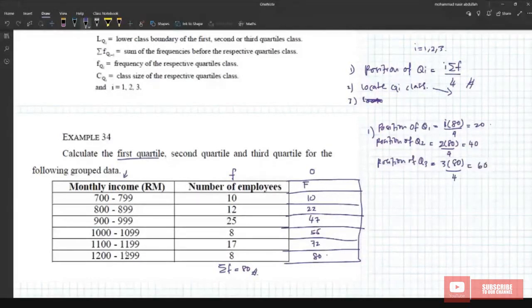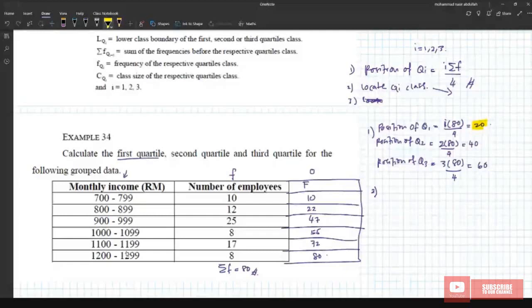Now, second step, we will locate the position, the quartile 1 class. Position of quartile 1 is 20. So we look at the cumulative frequency class. We need to find the cumulative frequency equal to 20. So we don't have cumulative frequency equal to 20.